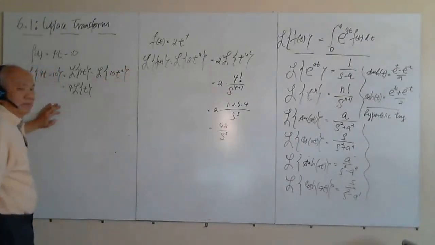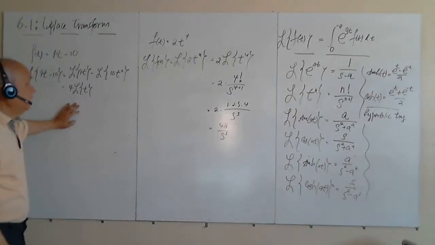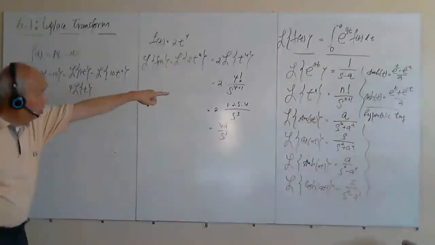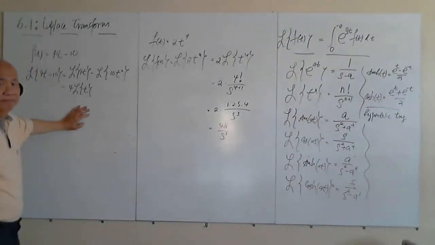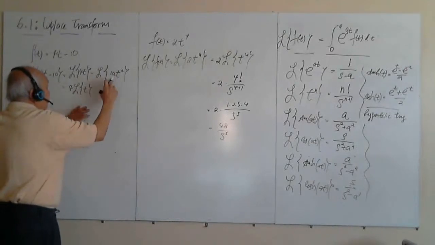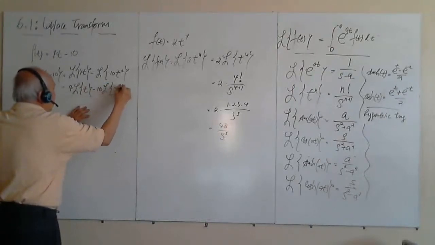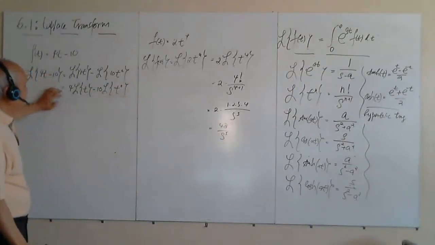Are they the same or not? t to the 0 is actually equal to 1. But nevertheless, we would like to use this in order to make it easy, in order to fit into one of the formulas. This one is also the same thing. I consider 10 just a constant coefficient. Take it out: minus 10 times the Laplace transform of t to the 0. Did you see it?